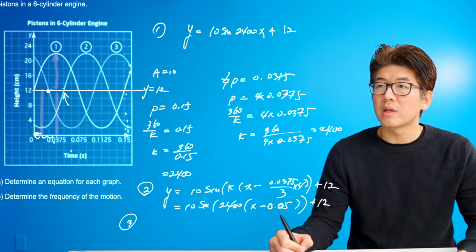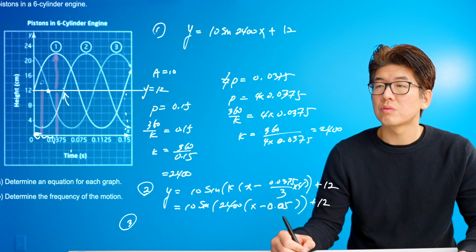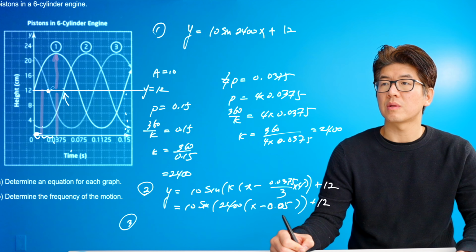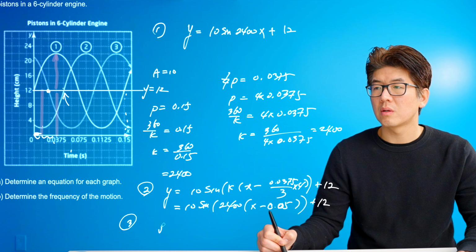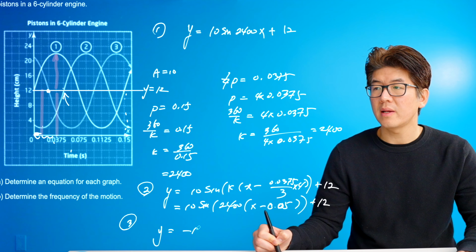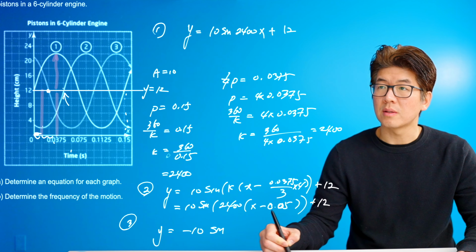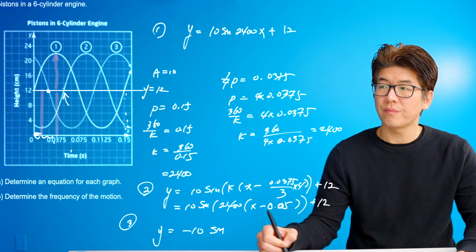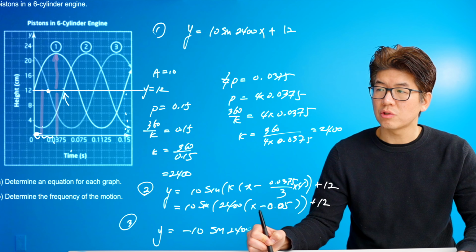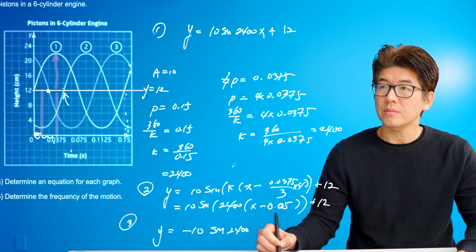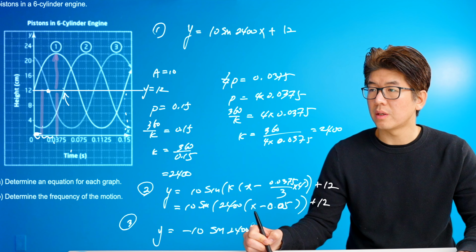And then lastly, the third one. It starts right there. So we can use y equals minus 10 sine, because we're going to the bottom. It's going to be the same 2400, the period is the same. And the shift is going to be x minus this.